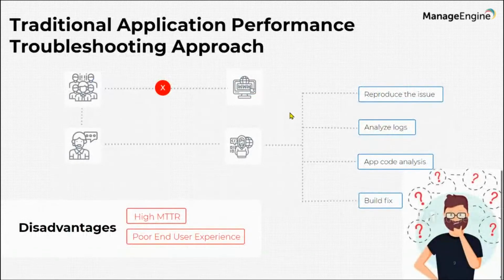In order to overcome these problems, one needs to troubleshoot. Let's see the traditional way of troubleshooting in application performance monitoring. Let's assume that we receive a complaint from the end user saying that a specific transaction is affected and they were not able to perform the transaction, or the application is slow.